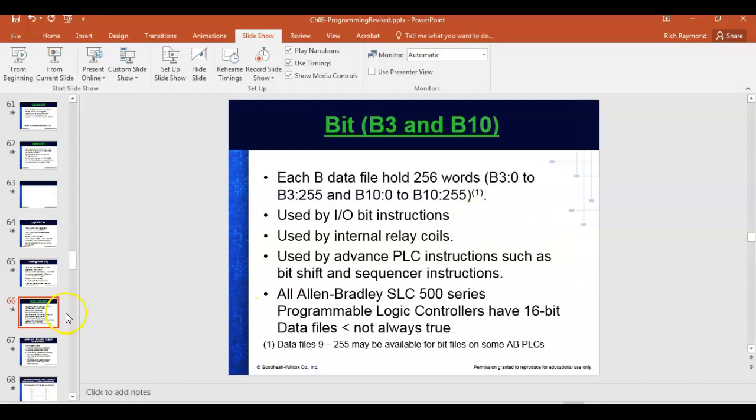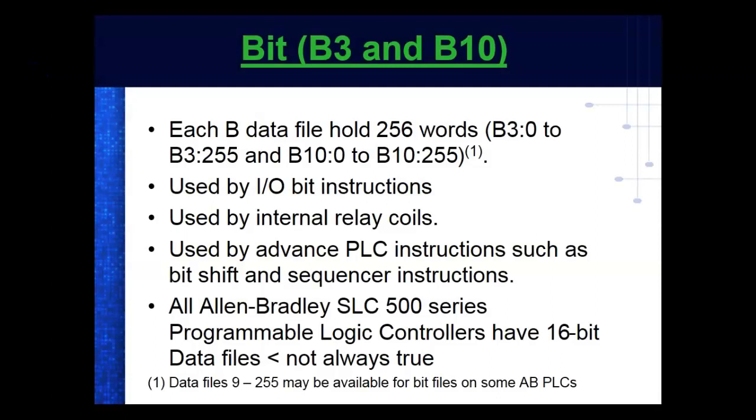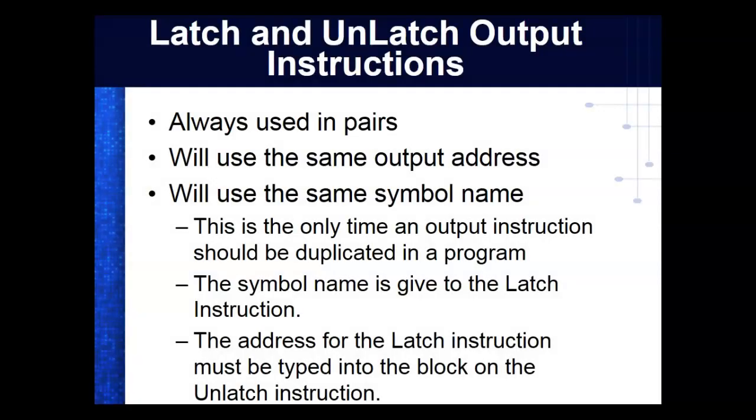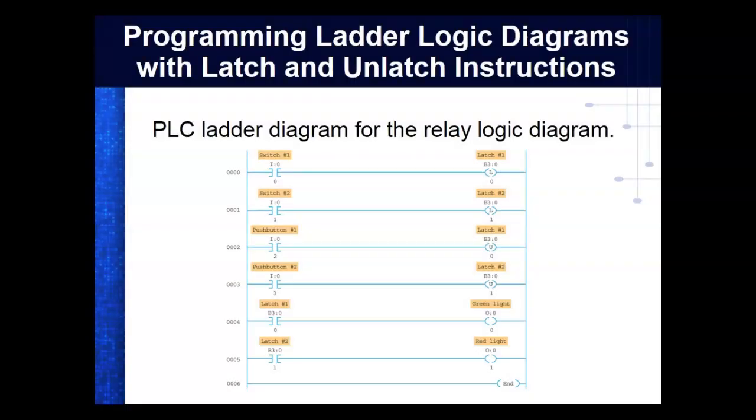And of course we use them for other instructions too. If you take PLC 2, you'll see what else we can use these memory coils for. Latch and unlatch, everybody okay on that? Showed y'all that already. That's the only time we should duplicate output addresses, for latch and unlatch. And you saw that program used a lot.